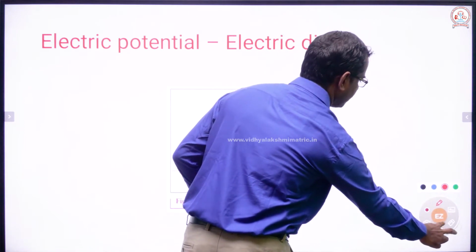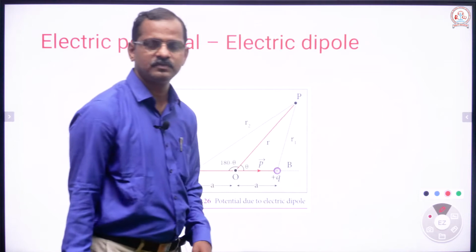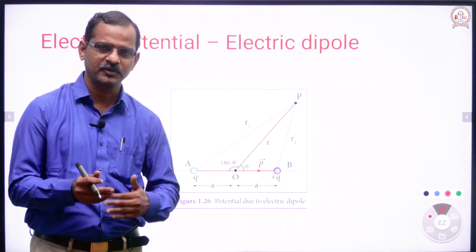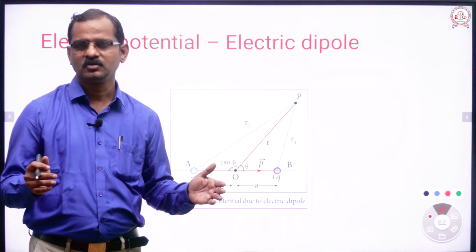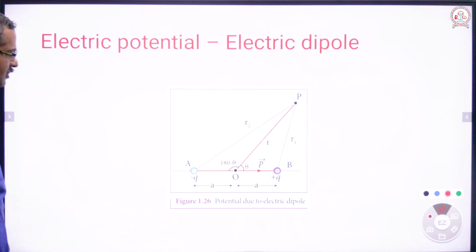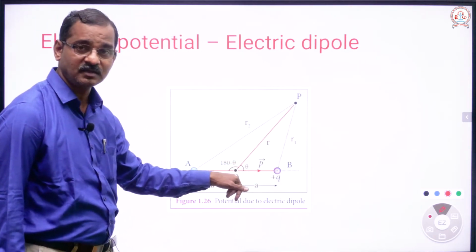Electric potential is the amount of work done in moving a unit positive charge from infinity to a point. Electric potential is nothing but the amount of work done. The unit for electric potential is volt. Now, consider the electric potential at the point P, which is at a distance r from the center of the electric dipole.